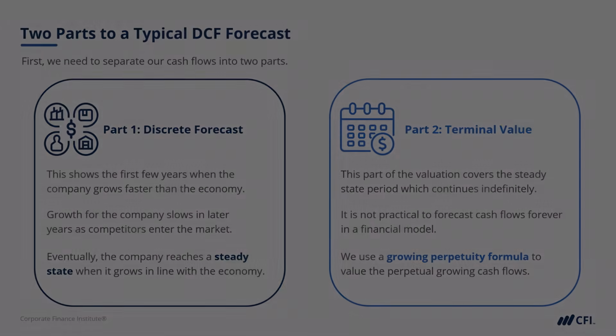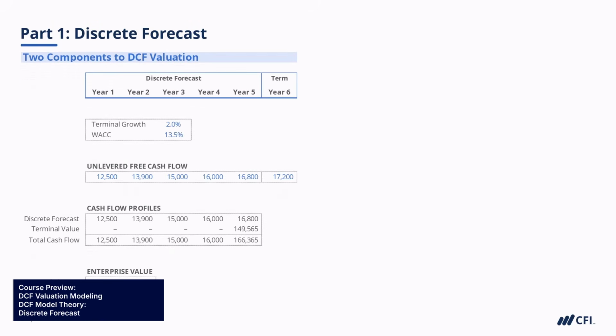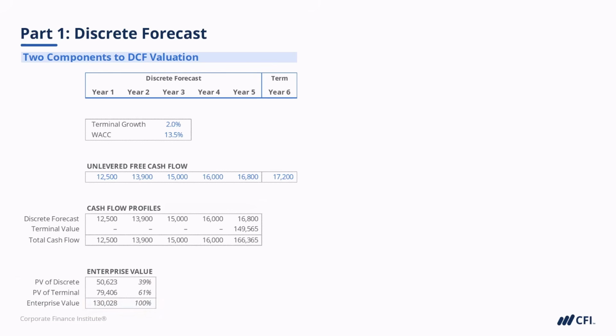Let's do it. Now, as we discussed, there are two parts or two components to a DCF valuation. Number one, we have the discrete forecast, and number two, the terminal value. What we're going to be discussing here, which is shaded in blue, is the discrete forecast.